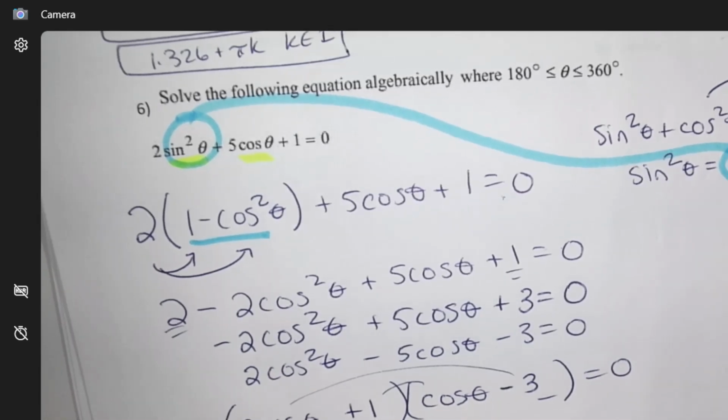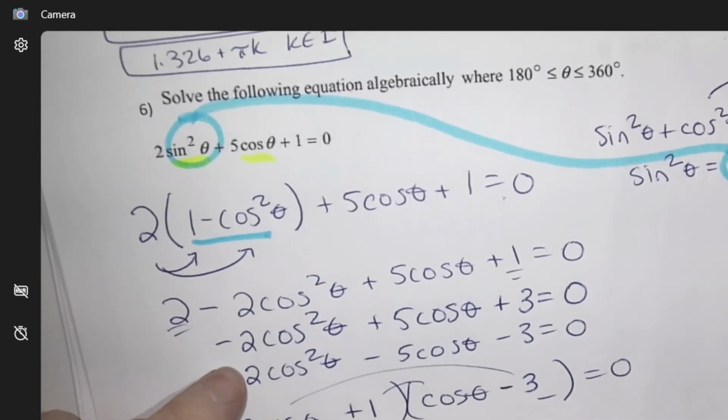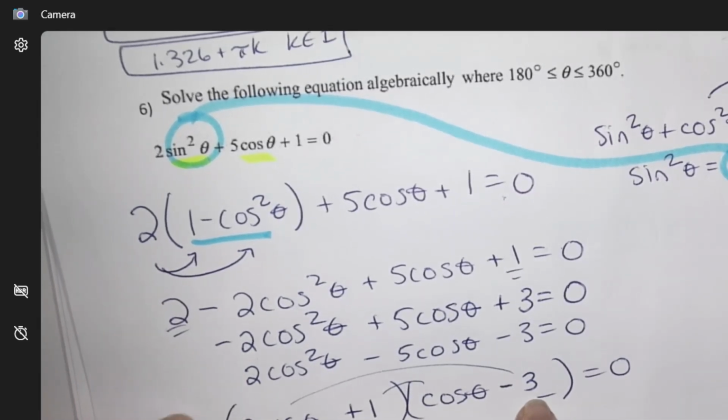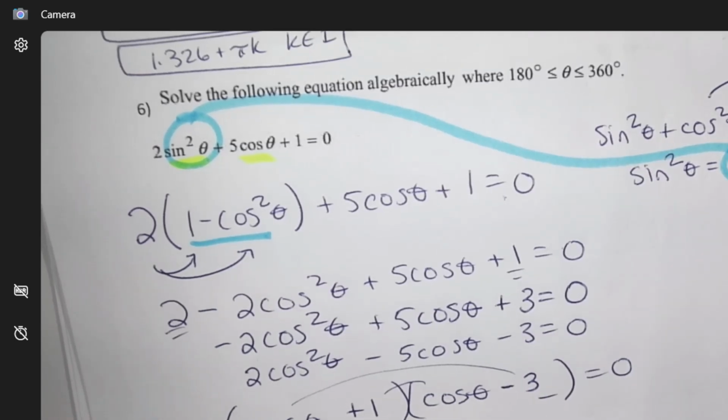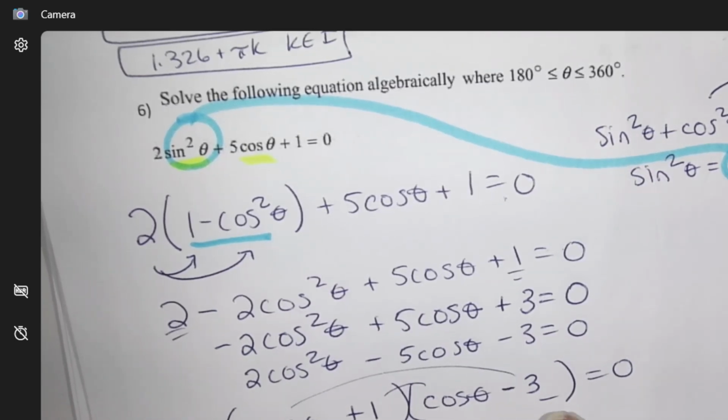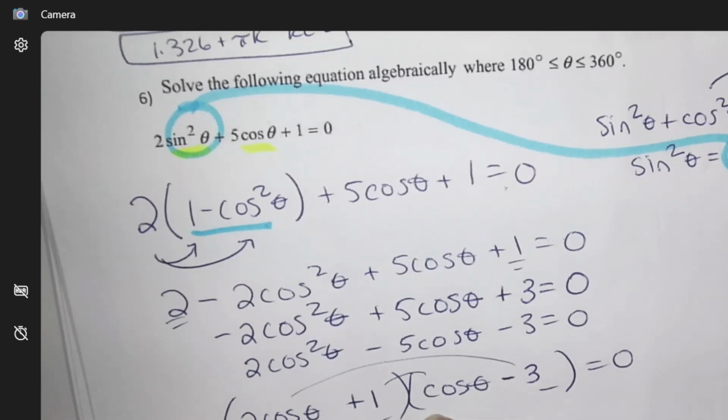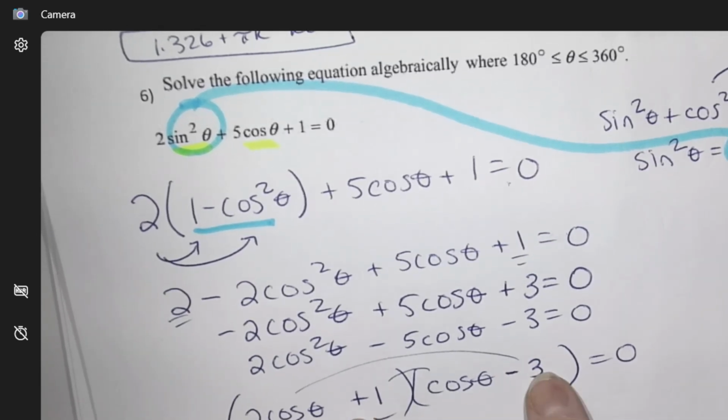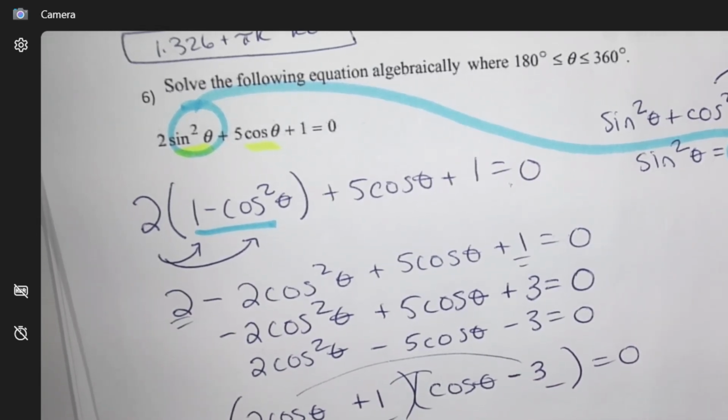So let me check here. 2 cos squared minus 6 of them plus 1 of them. Does that work out? Minus 6 of them, positive 1 of them, and minus 3. Okay? It's one of my pet peeves when somebody factors wrong because you have no excuse. Because what can you do to check your factoring? FOIL it.